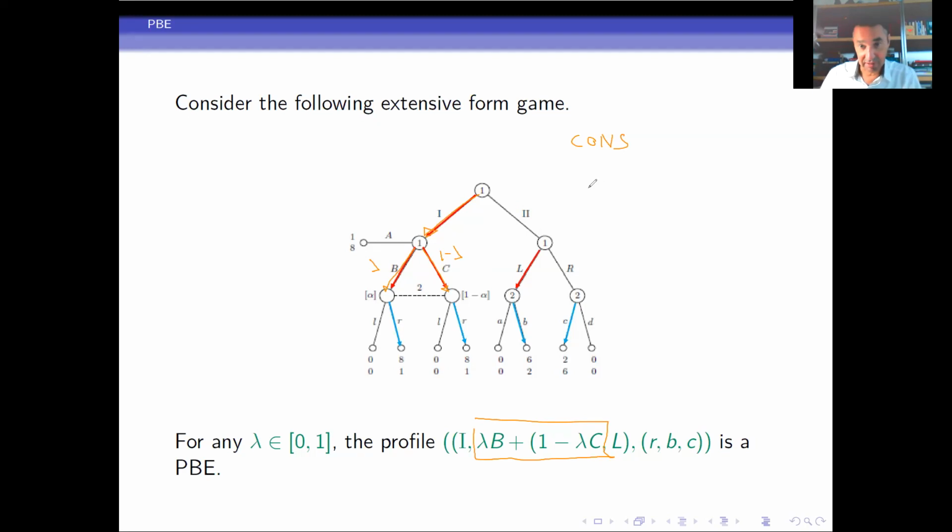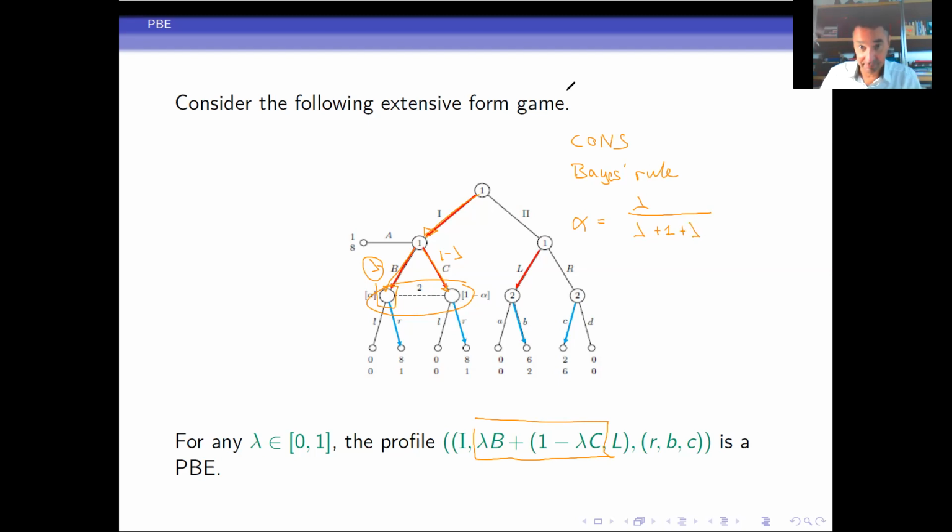So if you would apply Bayes' rule, what would you get? You would get alpha is lambda, the probability to be in this node, divided by the total probability to be in this information set, which is basically 1 plus lambda plus 1.